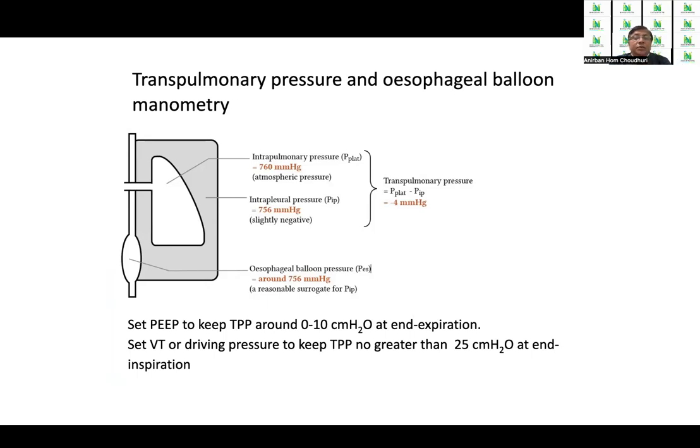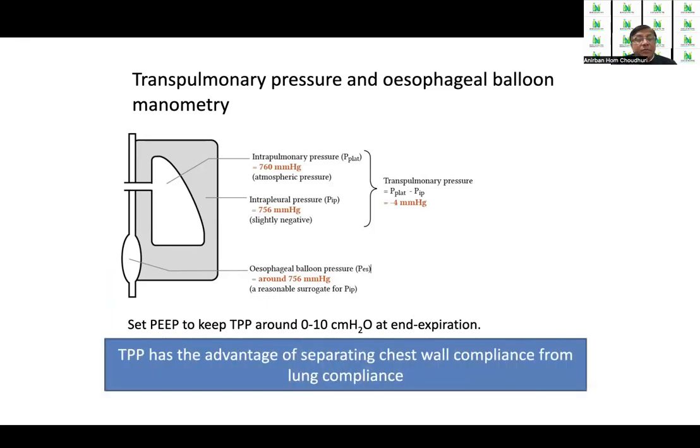There is an esophageal catheter, and it is a surrogate for the esophageal balloon pressure. And the difference can be seen to estimate the transpulmonary pressure. So this transpulmonary pressure has the advantage of separating the chest wall compliance from the lung compliance.